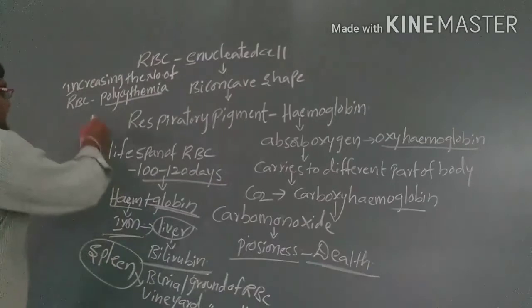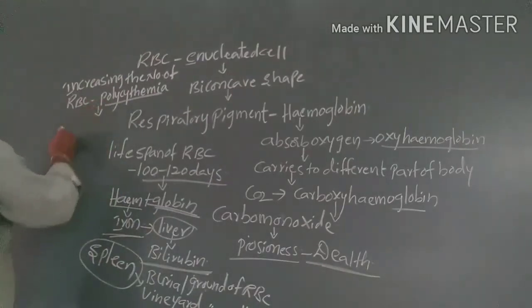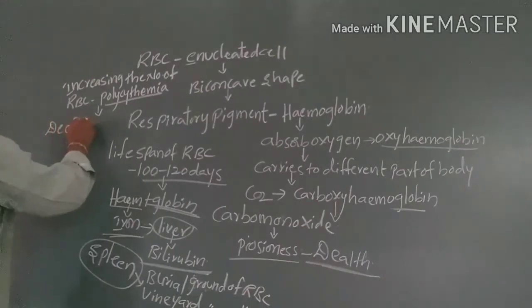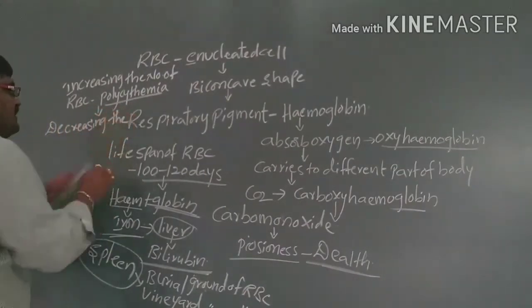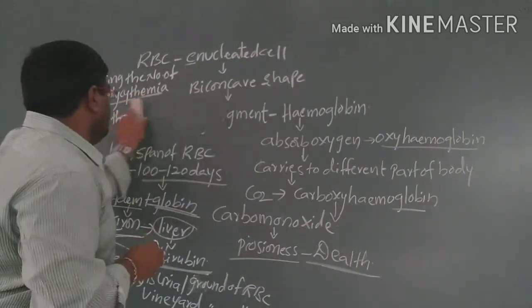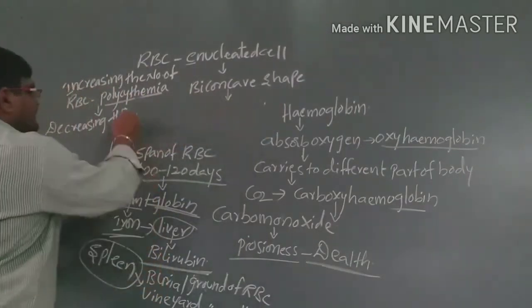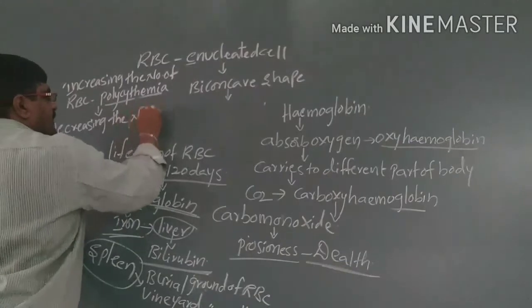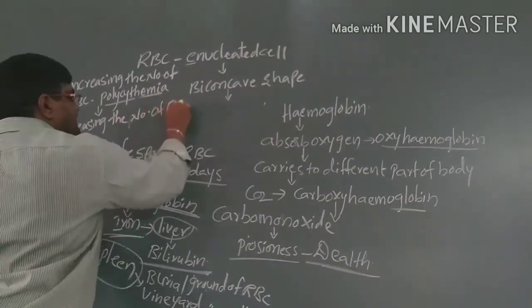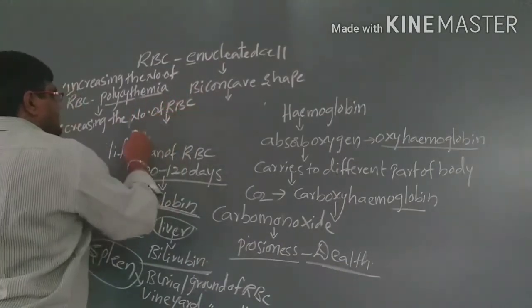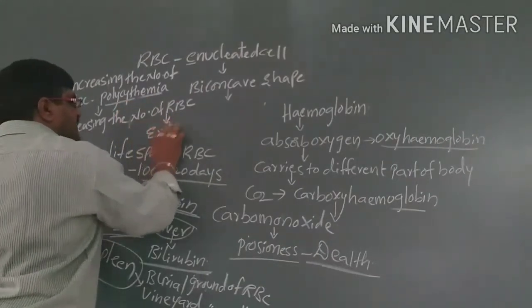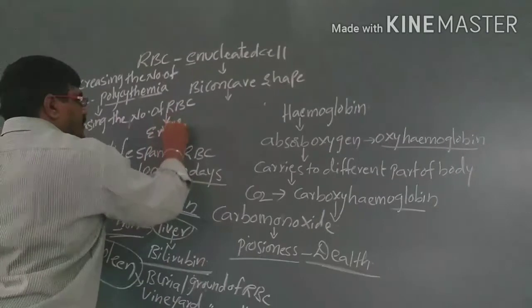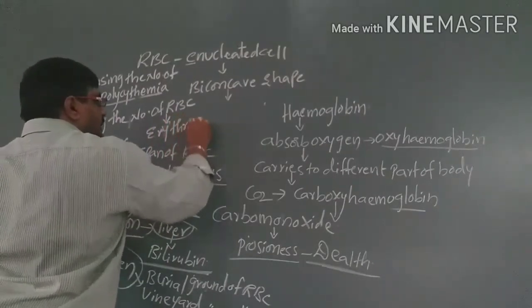And decreasing the number of RBC cells we call erythropenia.